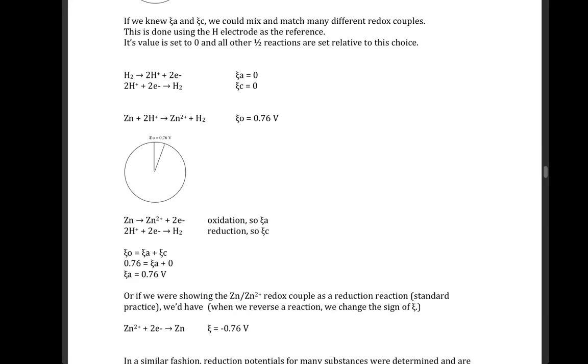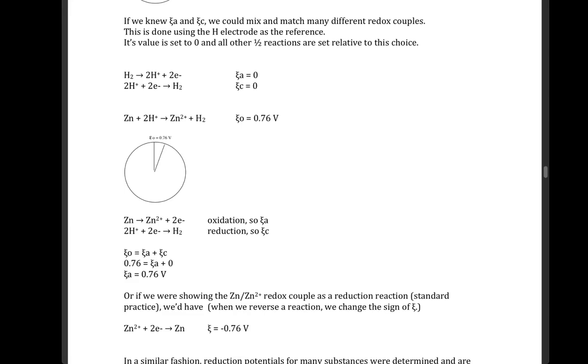And the zinc is being oxidized, so we have it at the anode, so the E_A describing that reaction would be zinc yielding zinc 2 plus and 2 electrons. And at the cathode, the reduction half reaction in this case is 2H plus plus 2 electrons yielding H2.